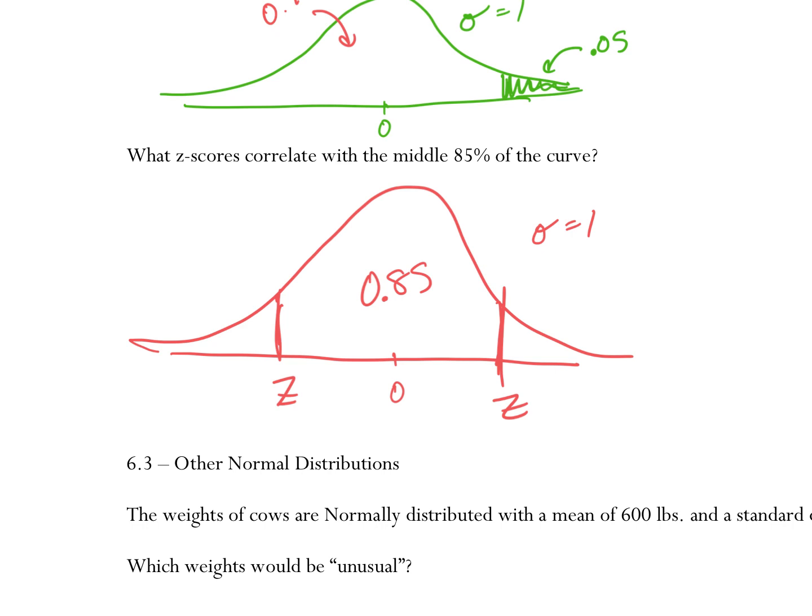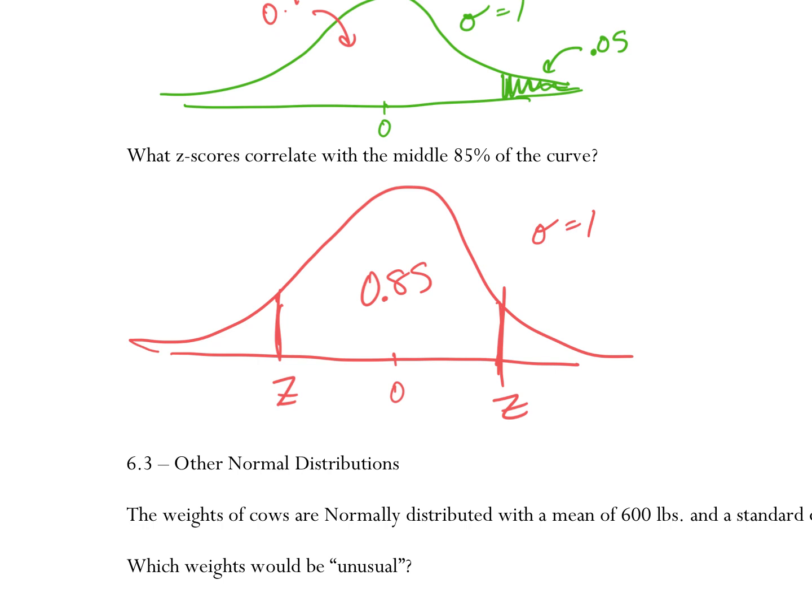Since I have a 0 in the middle, that would equate to a positive and a negative of the same number. Like, if that number is 2, and this is -2, this would be +2. Great.